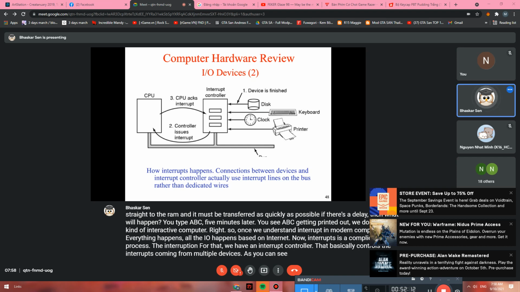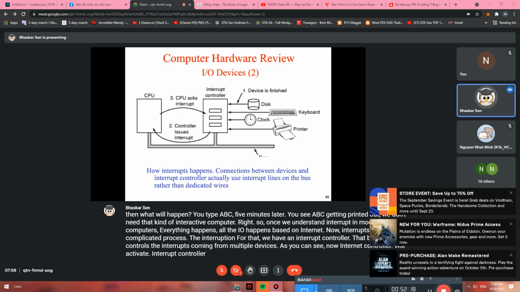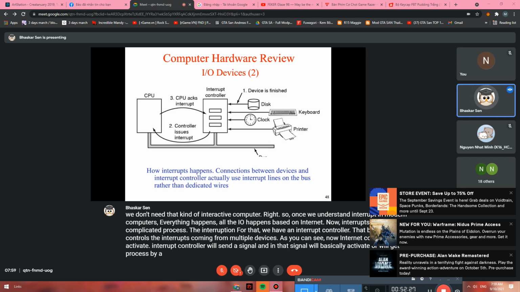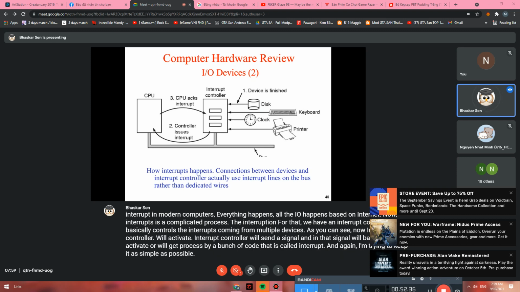The interrupt controller will send a signal, and that signal will get processed by a bunch of code that is called the interrupt handler. Again, I'm trying to keep it as simple as possible. Interrupt handler.